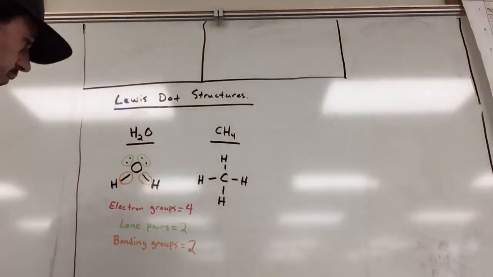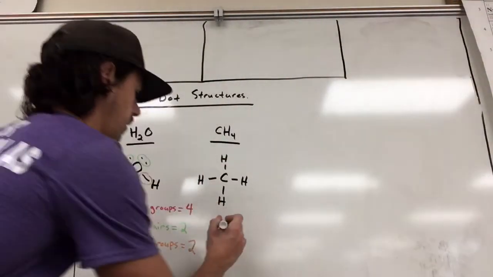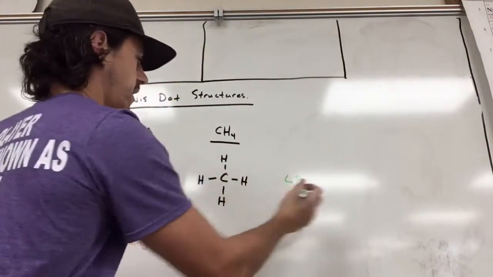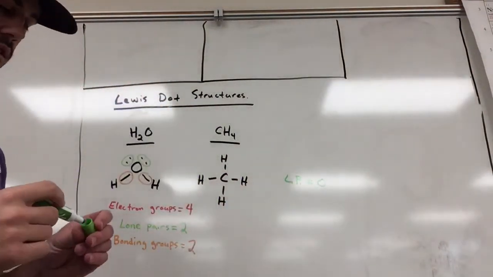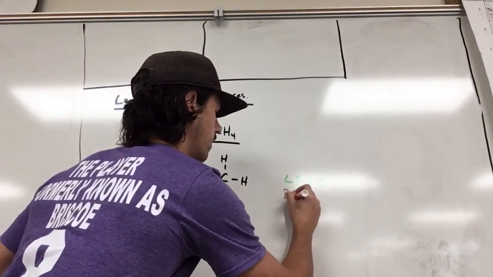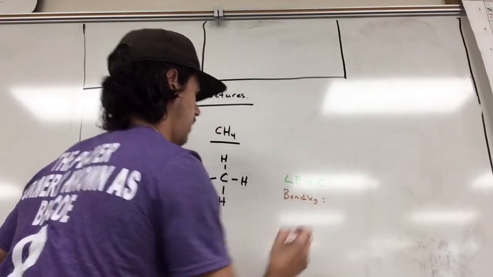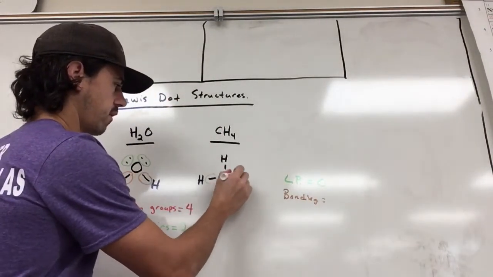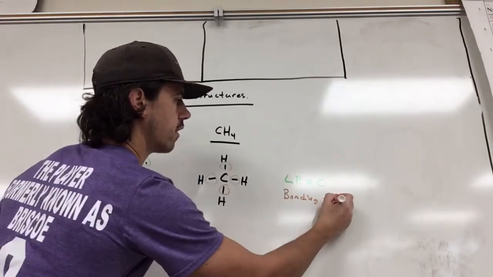So let's do the same thing for CH4. First, I'm going to look at lone pairs. For CH4, number of lone pairs, I have none. And then I'm going to look at my bonding groups. Number of bonding groups, I have 1, 2, 3, 4.